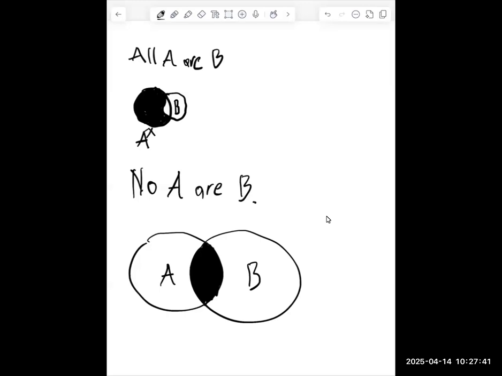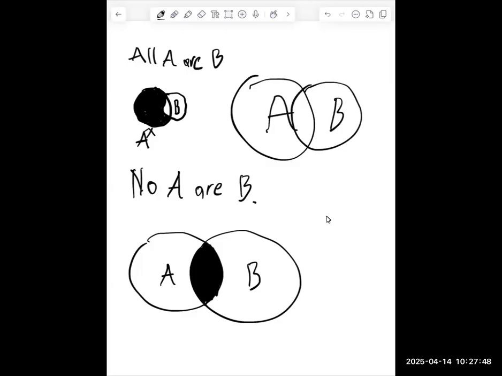All A are B. We're going to show that everything, if it's in the A category, also has to be in B. But for this other one, the no A are B, I'm not going to be too extra about filling this in, just to give you guys the idea.